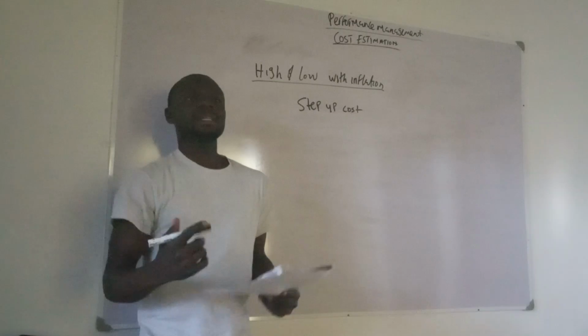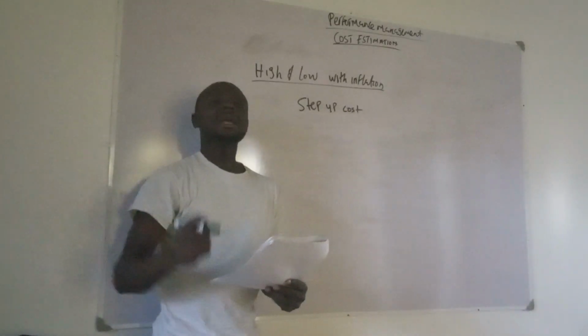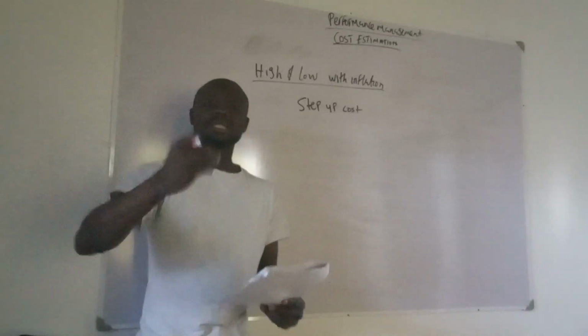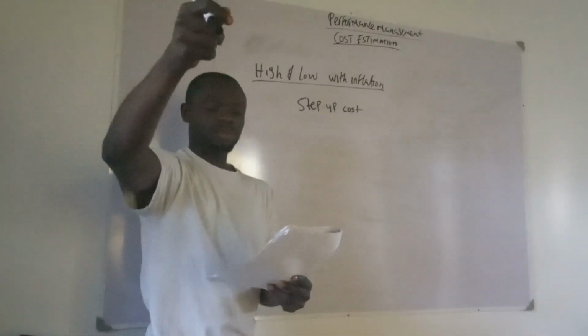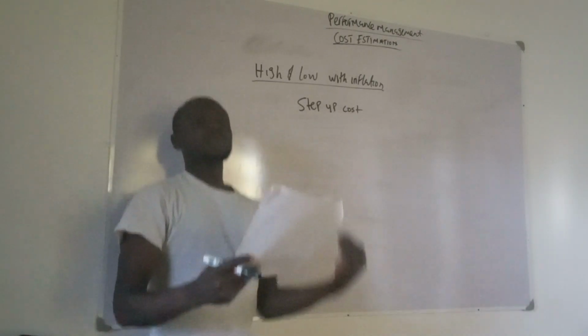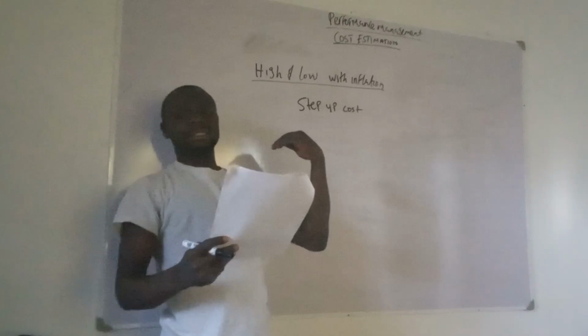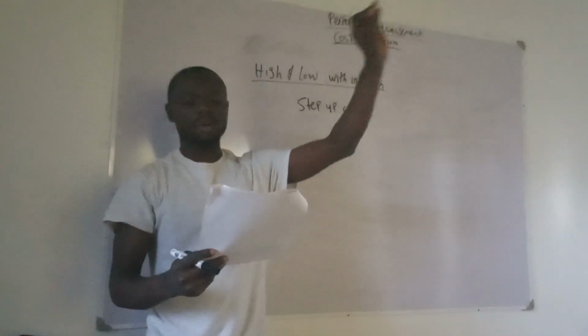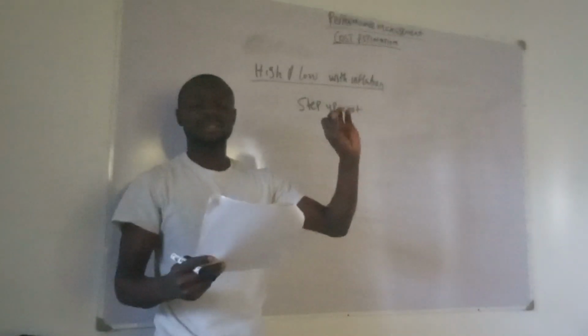So what it means is that in the future, when you have an output above 18,000, your fixed cost will increase. There will be a step up cost of 5,000.